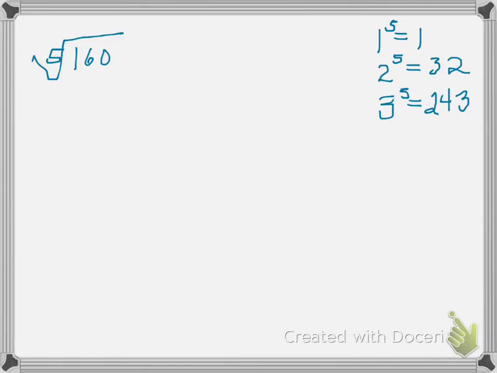Okay, so let's take a reverse of that real quick because I want to make sure everybody completely understands this. So what that says to me is that if I take the fifth root of 1, I get 1. If I take the fifth root of 32, I get 2, because it took 2 times 2 times 2 times 2 times 2 to make 32.